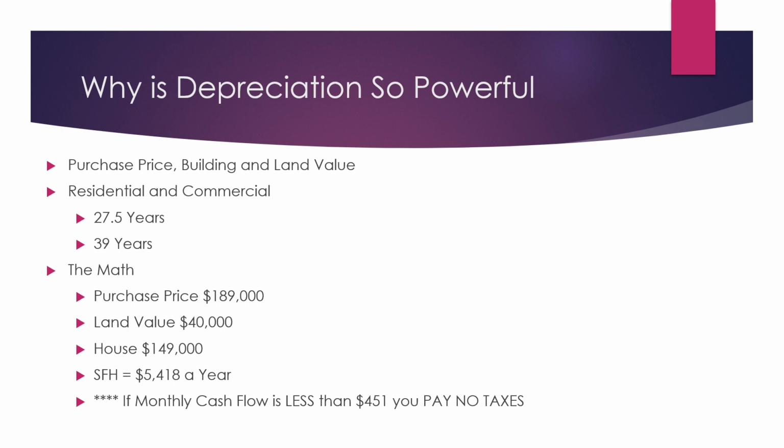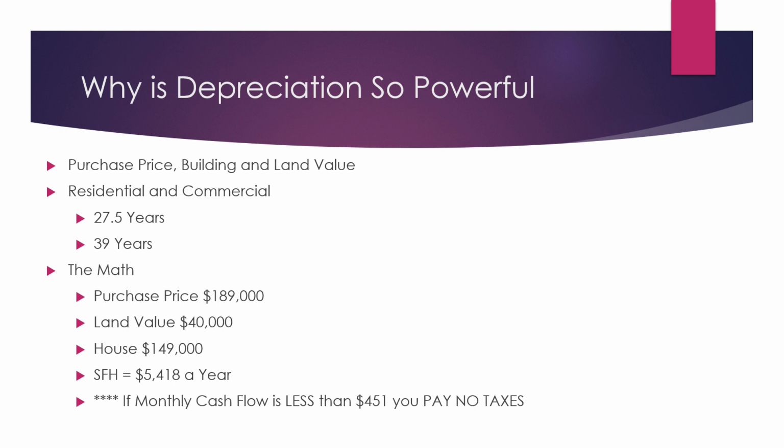That should end up with $5,418 in yearly depreciation. Now what I always do is turn that into a monthly number. So take that 5,418 and divide by 12. My calculations show that's $451 in monthly depreciation. And depreciation is one of those non-cash expenses.